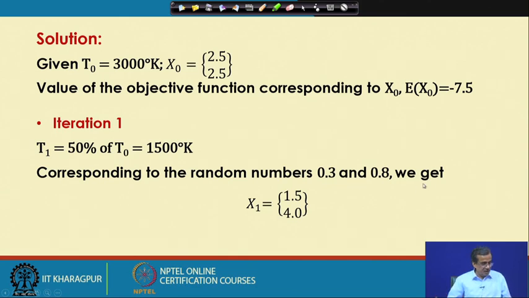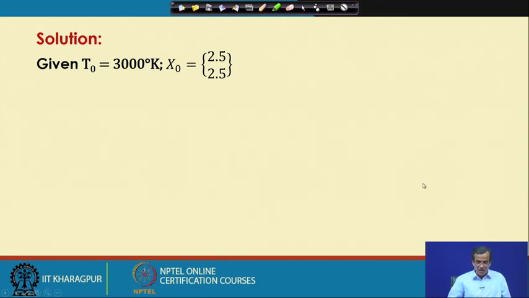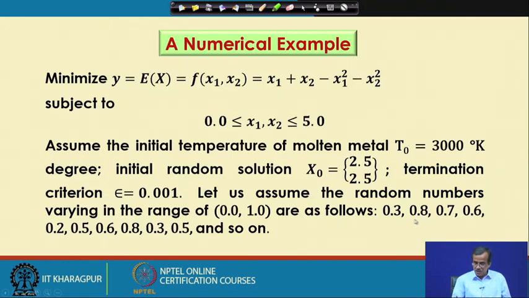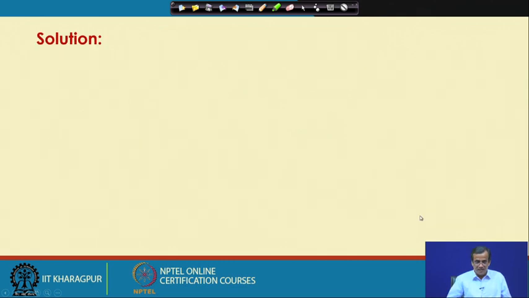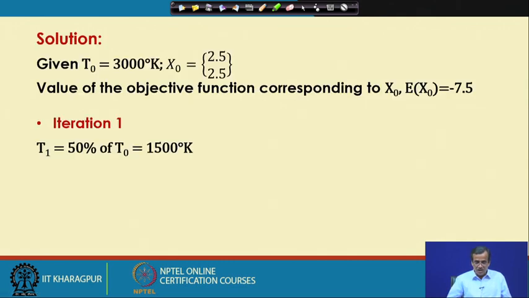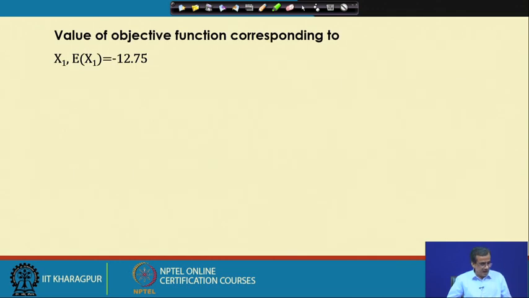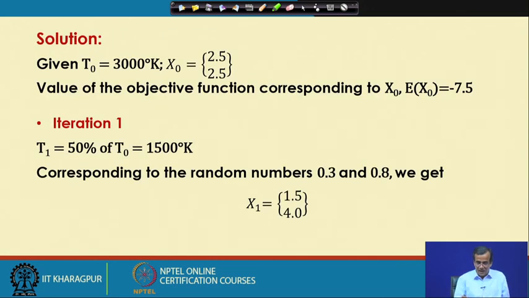If you remember, we generated a few random numbers here, 0.3, 0.8, 0.7, like this. So, I am just going to use 0.3 and 0.8. The random numbers correspond to the real values of capital X1, that is nothing but the collection of small x1 and x2, as follows.